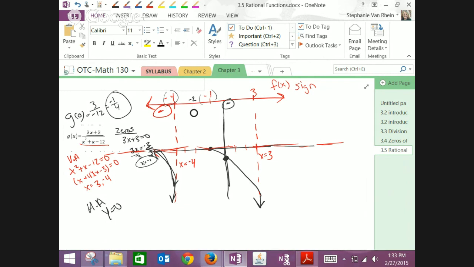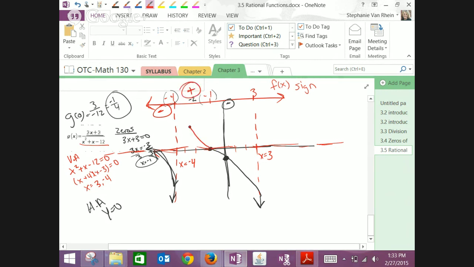So the numerator is negative. -2 squared is 4. Minus 2 is plus 2, but minus 12 is negative, right? So negative divided by negative tells me it's overall positive, right? So that means in this region, the function is above the x-axis.